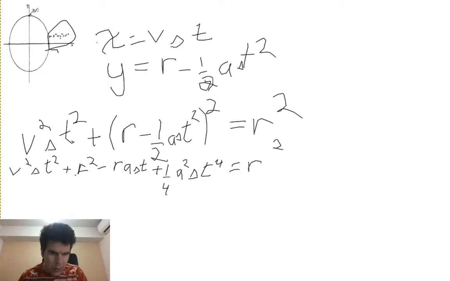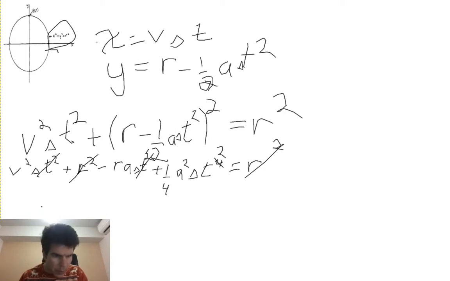So we can cancel these r squared terms right here. And we can also divide by delta t squared, and that becomes a 2.